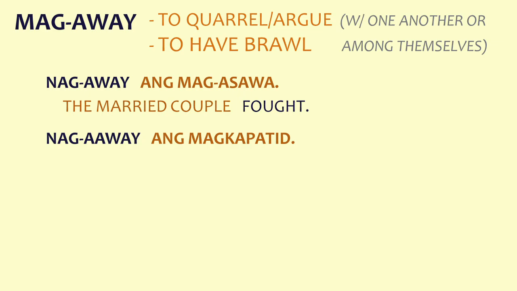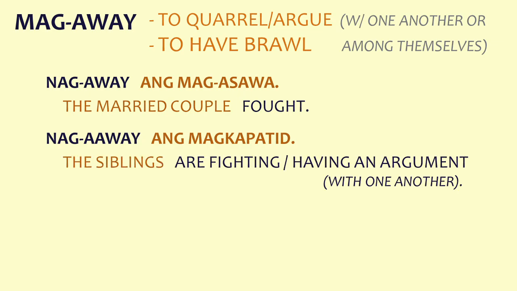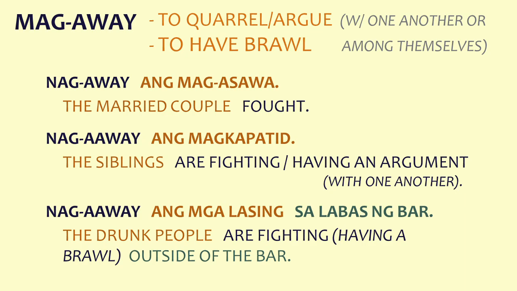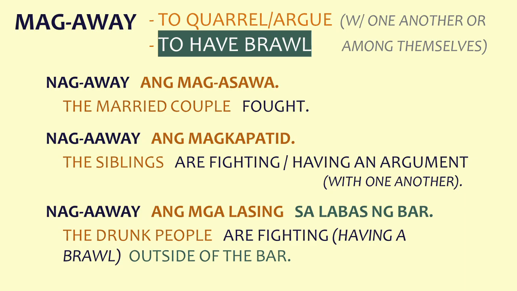Nag-aaway ang magkapatid. The siblings are fighting or having a quarrel or an argument with one another. Nag-aaway ang mga lasing sa labas. The drunk people are fighting or having a brawl outside of the bar. Again, I mentioned this at the beginning. If by to fight you mean having a brawl, then you're going to use mag-away.